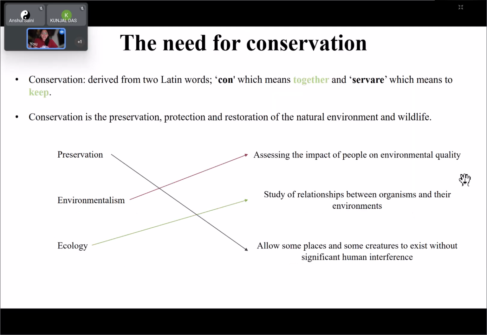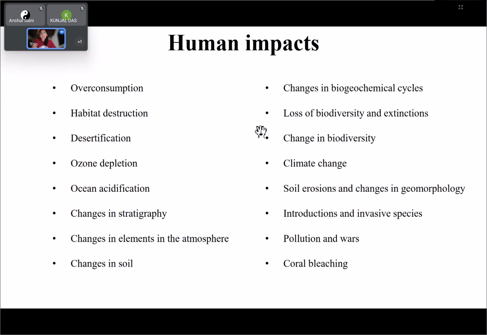So here, we are talking about preservation and protection. Protection from what? Protection from human impacts. Humans have overused the natural resources, and that has led to many problems which require immediate attention. If not, we might even lose these natural resources. So what are the impacts that we are trying to highlight? We are talking about overconsumption, where you are overusing the natural resources.